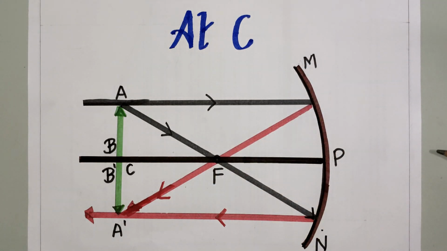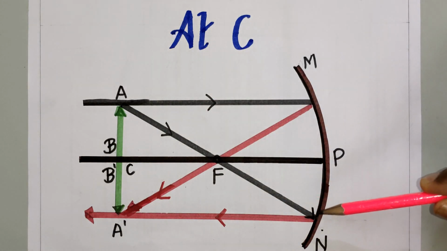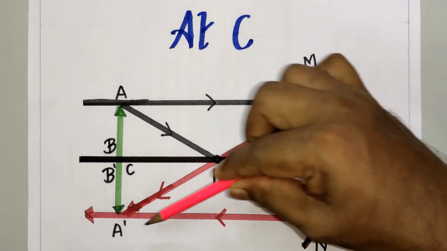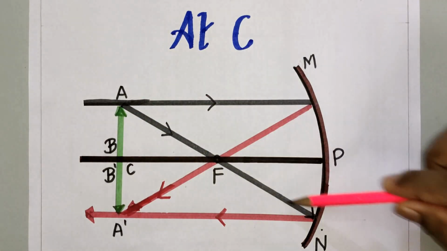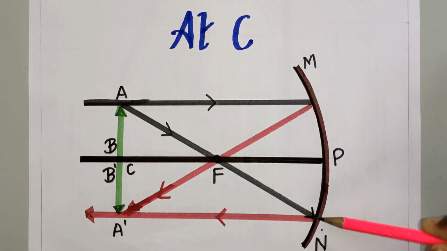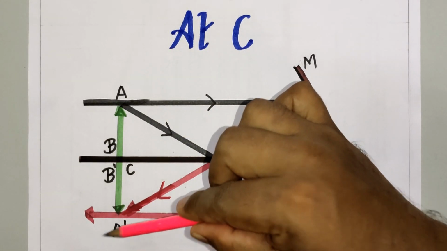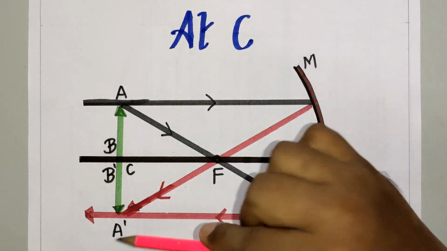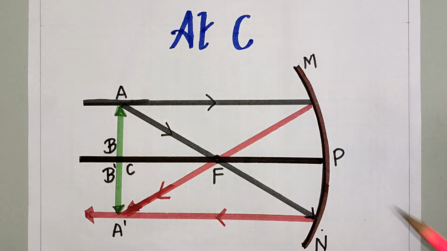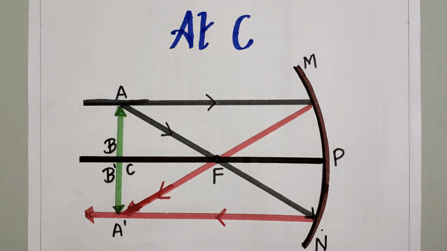Another rule, if the light ray passes through F, then it will reflect parallel to the principal axis. Now these two reflected rays meet at C, so we will get the image at C only. For this position, we will get a real and inverted image.